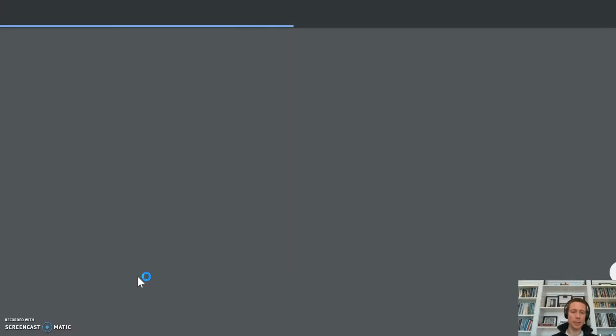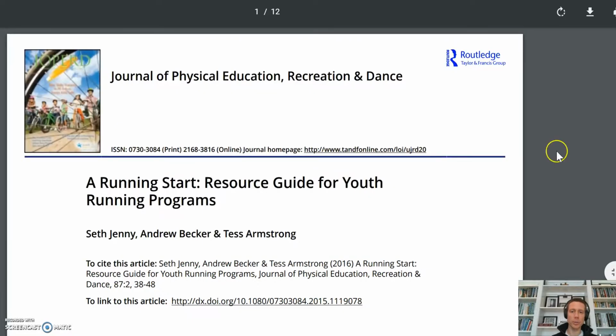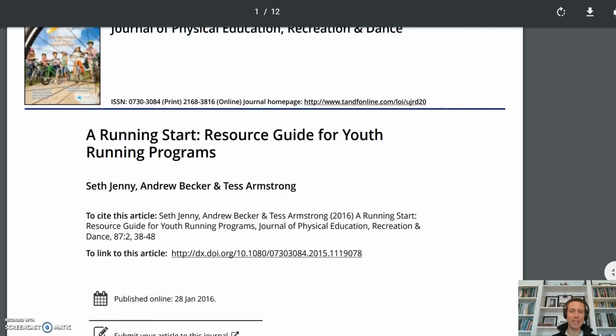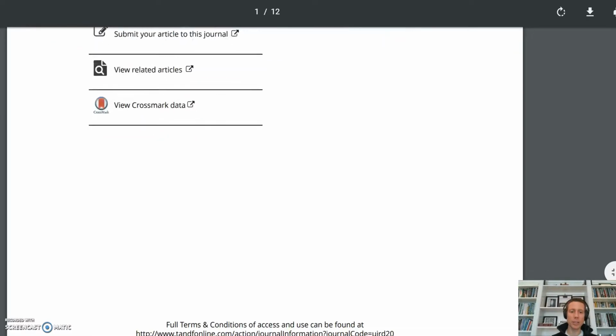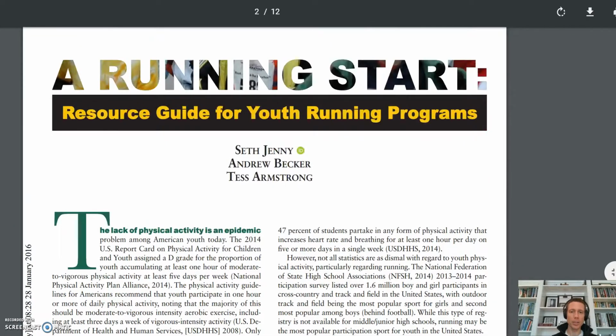This is an example of another secondary source, which you might call a practitioner's article. It's written for more the layman who is going to use this information to implement in their career field.